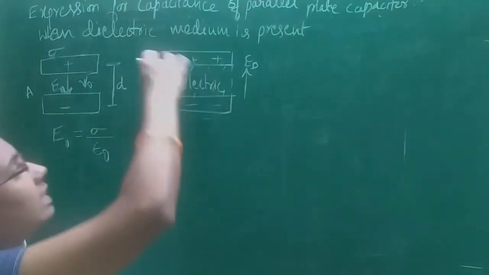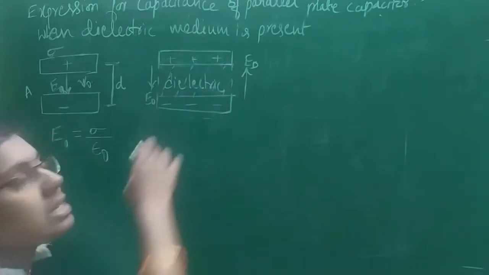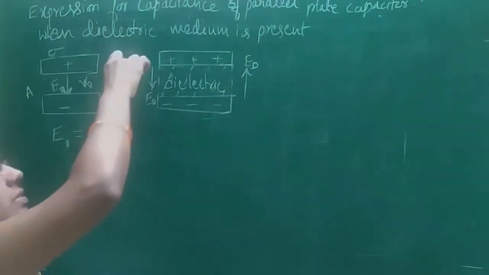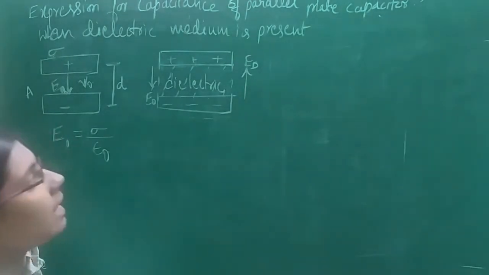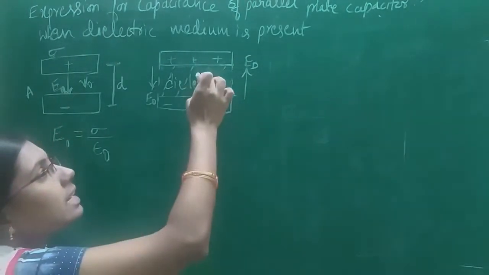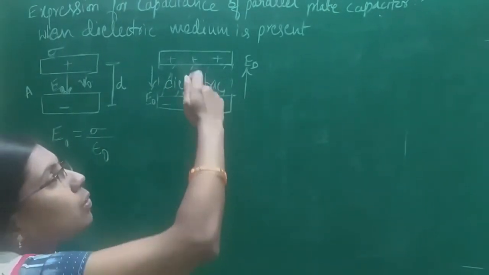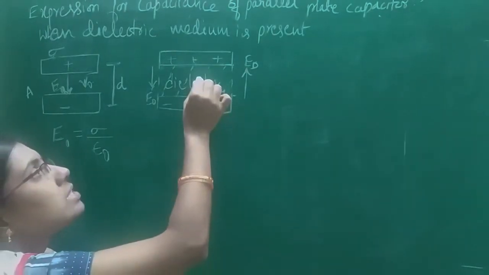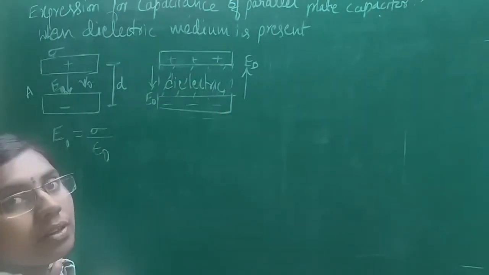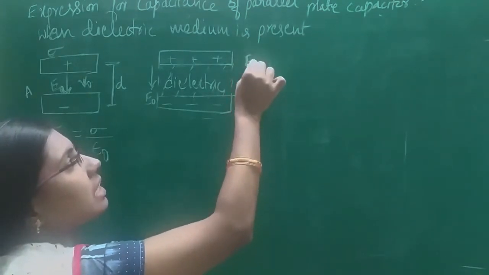Suppose a dielectric is inserted between the two plates of the capacitor. Due to this field E0, the dielectric gets polarized and some electric field will be induced in the dielectric. Let us take that induced electric field as ED.